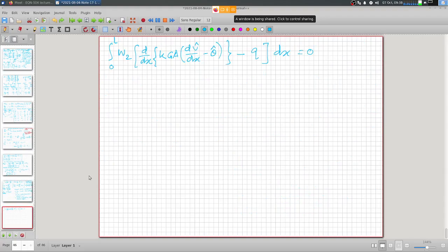Now let's look at the second row of the weighted residual statement.